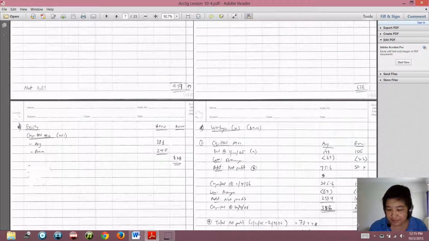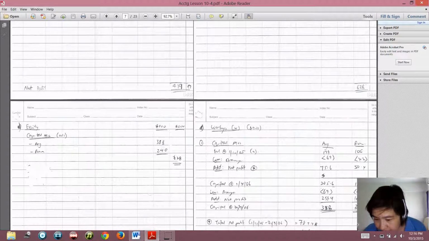You take 419, which is the profit for this period, times 0.6, the 60%. So this is how you get 251.4. So Bin is 40%. Bin will be 419 times 0.4. Okay, so this is 167.6. So this will be your corrected capital for each of the partners at 30 September 2006.